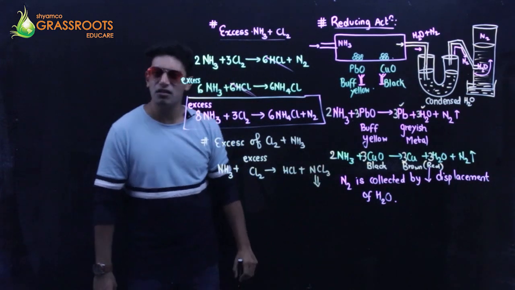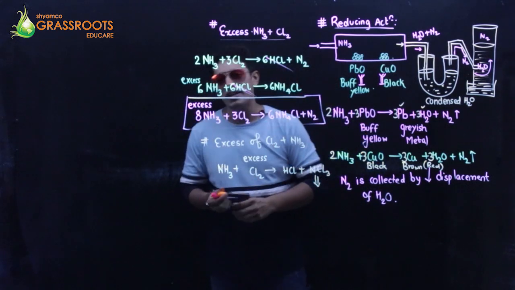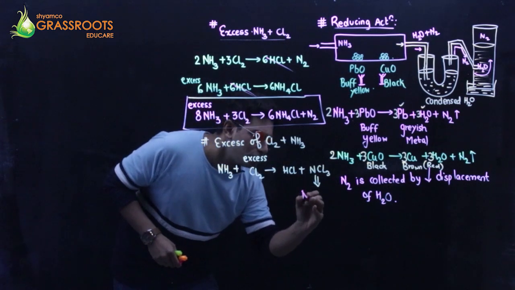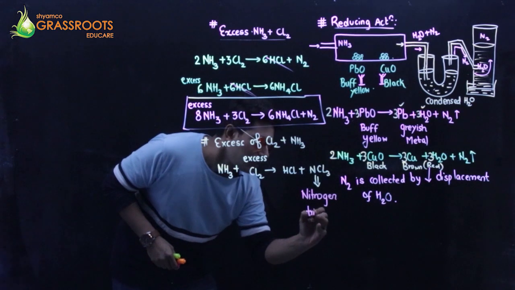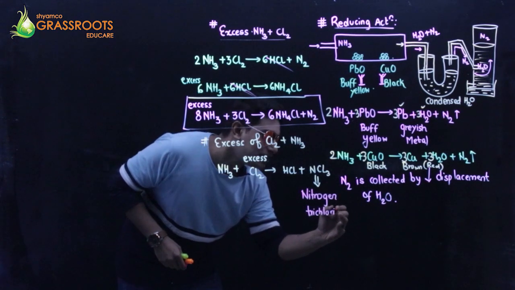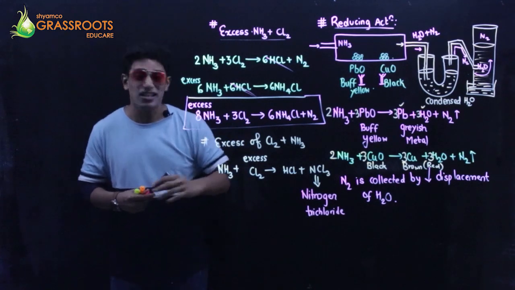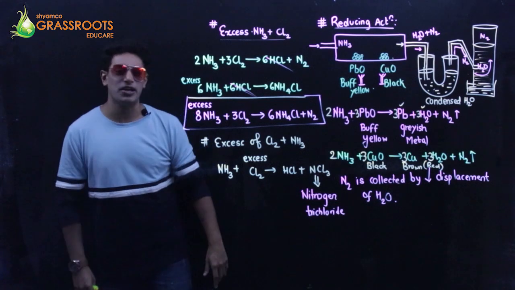Now, this compound which I've written out here, we call it nitrogen trichloride. What do we call it? Nitrogen trichloride. And it is a yellow colored explosive liquid.